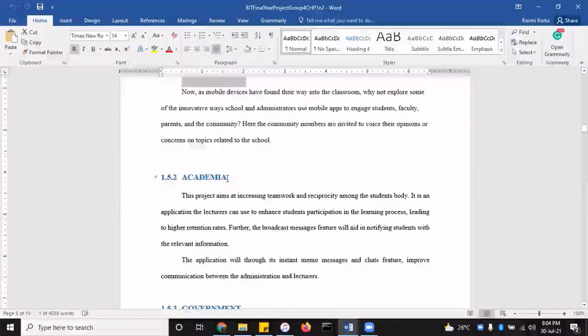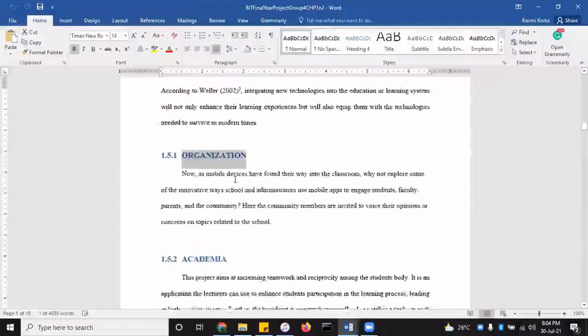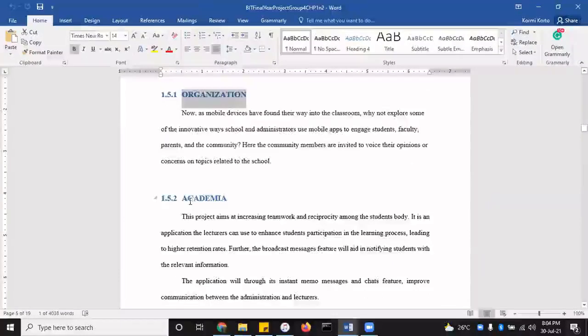The second main stakeholder is academia. This is where you talk about how this research or development can be used by other students as a reference point to build on, or when it comes to their final year projects, or to build future applications.